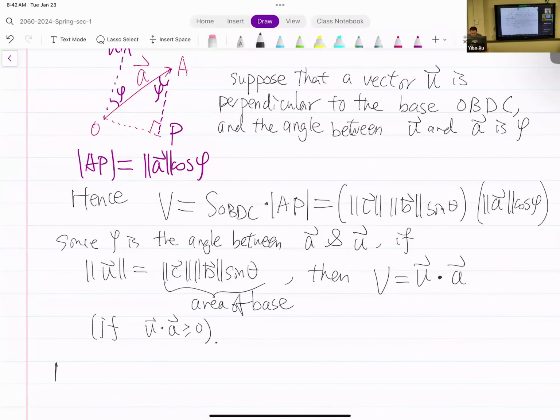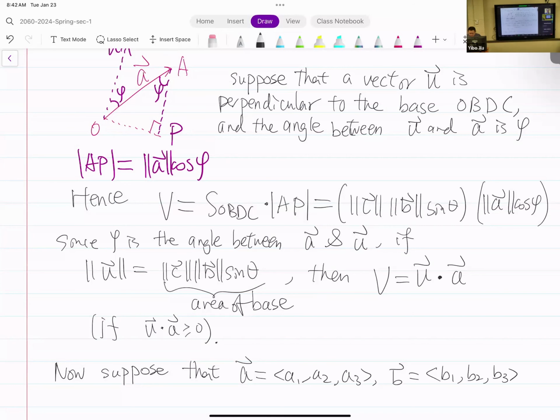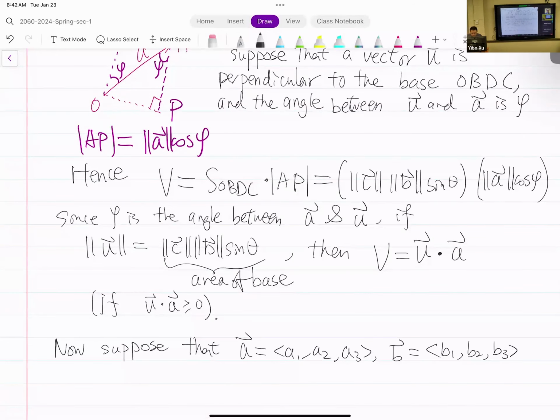Now, suppose that A has the components A1, A2, A3. B has the components B1, B2, B3. And C has the components C1, C2, C3.